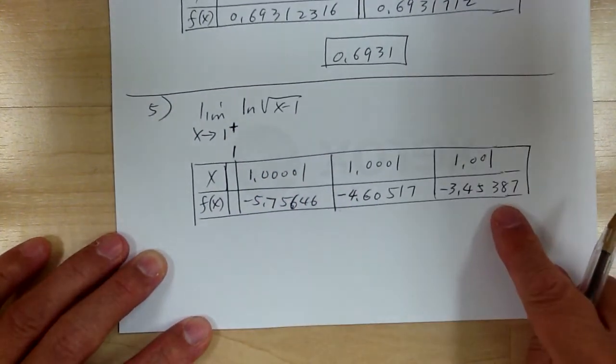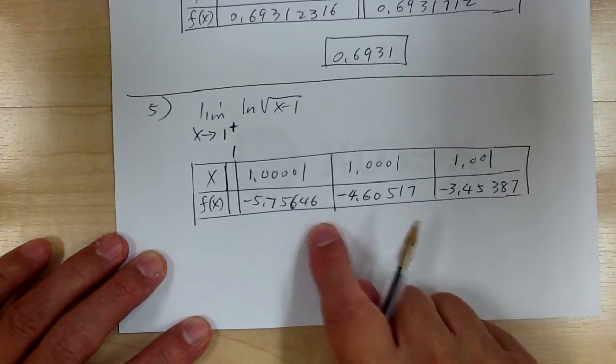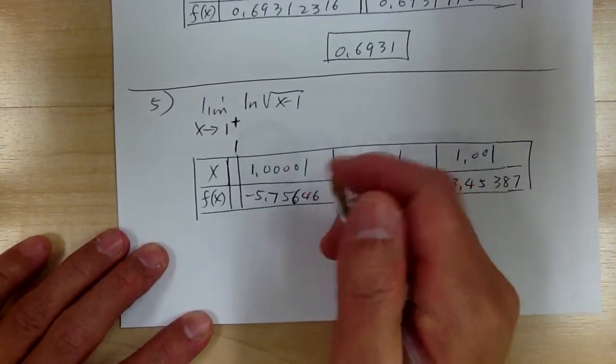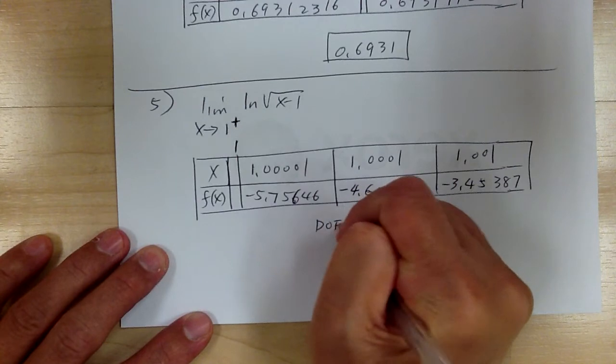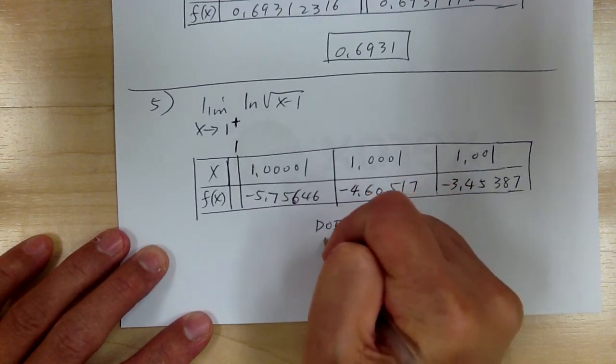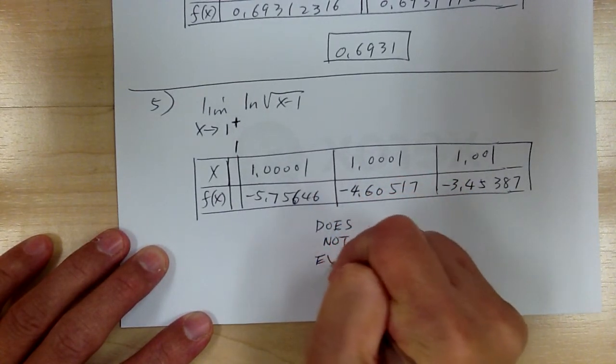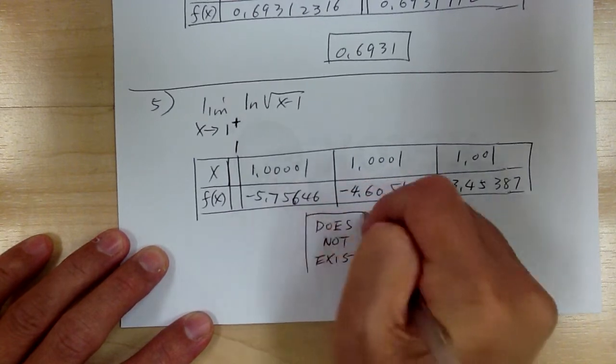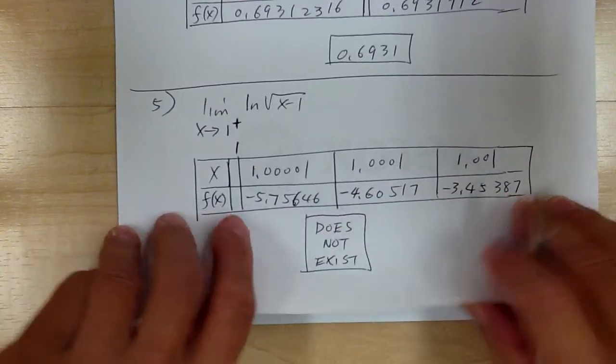So you can see the number does not approach a certain number. It's getting more and more negative. So in this case, the limit does not exist. It does not approach a fixed number.